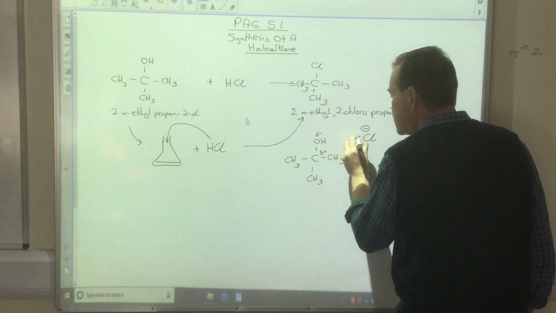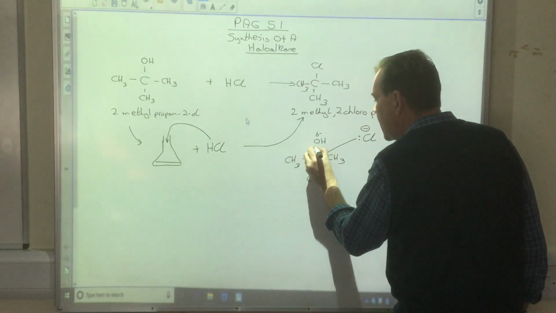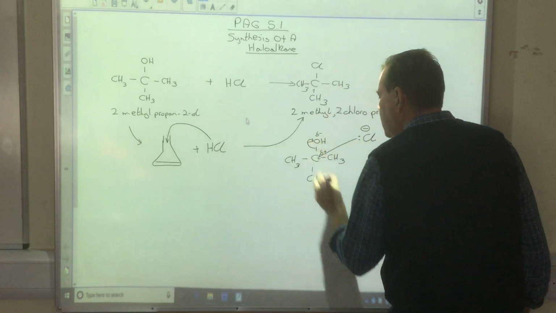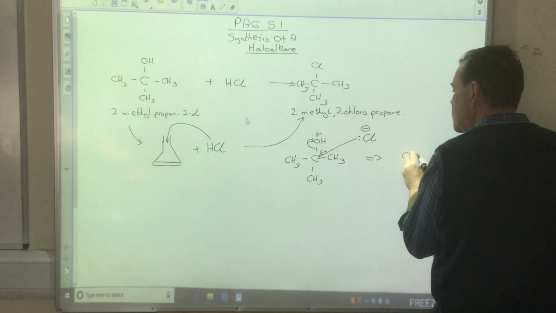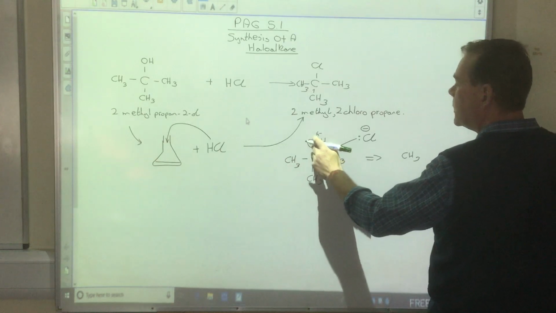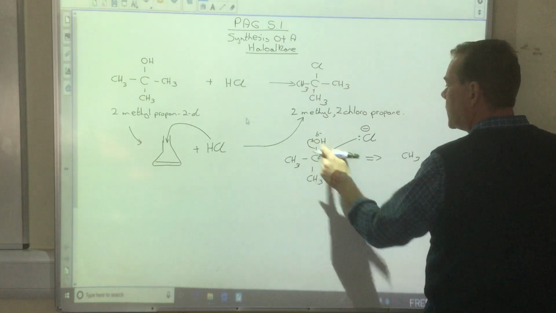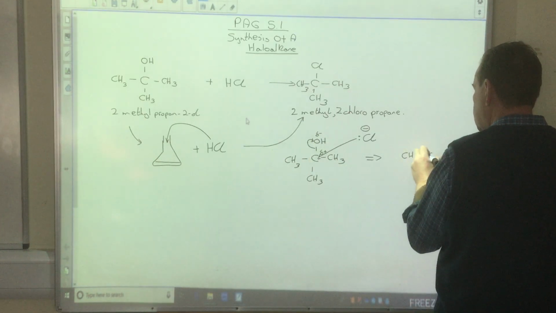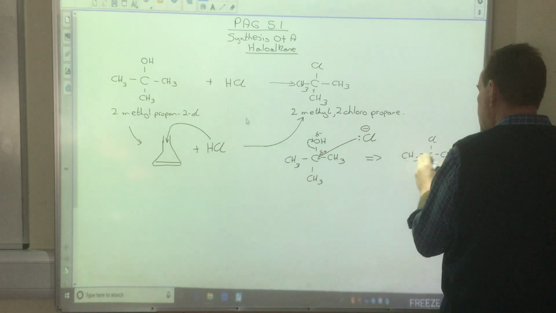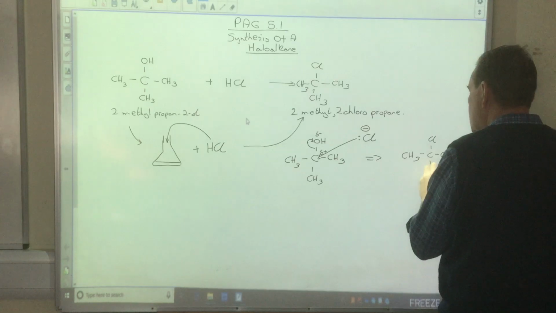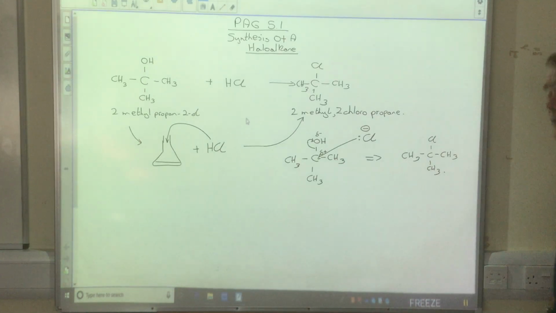It's that easy. Bang into there, bang and it breaks, making this product. Make sure those arrows are a bit tidier than mine, please. So C, Cl, CH3, CH3, job done. That's the reaction we're going to do.